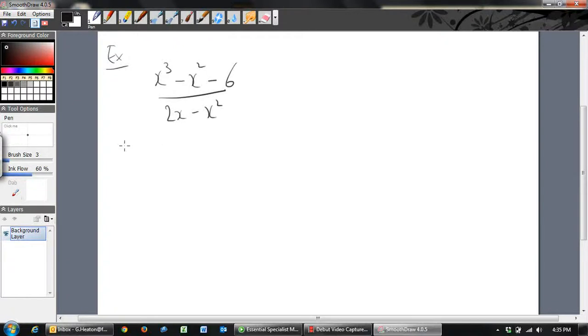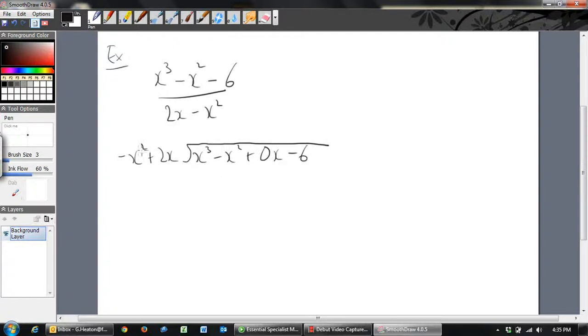And I've used up a lot of space already. Let's go. Let's do long division, negative x squared plus 2x. Let's divide that into x cubed minus x squared plus 0x minus 6. Make sure you put all terms in there.